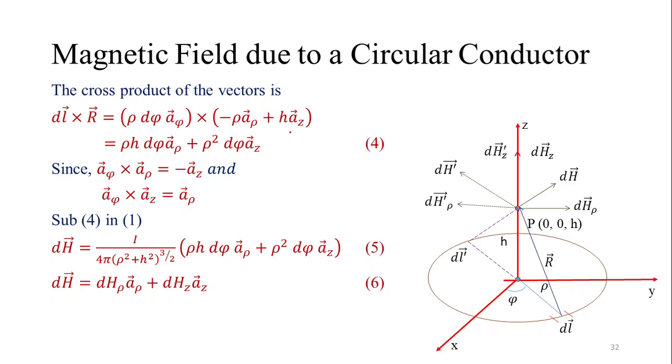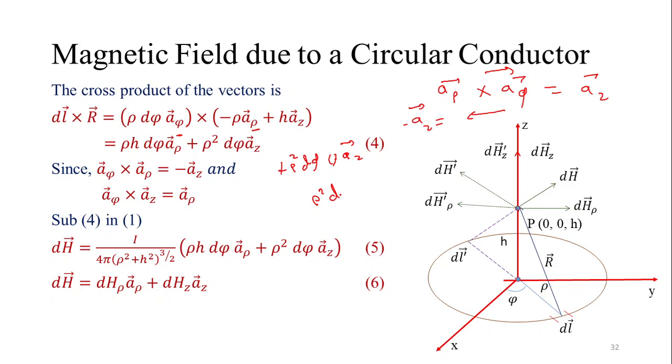In order to compute the cross product of vectors in cylindrical coordinates, let's take the vectors a rho vector, a phi vector, a z vector. If you make the cross product of these two in the forward direction, you get the next one. If it is in the reverse direction, you will have a minus sign. So rho into minus rho gives minus rho square d phi, a phi cross a rho in the reverse direction gives minus a z, and minus minus will cancel.